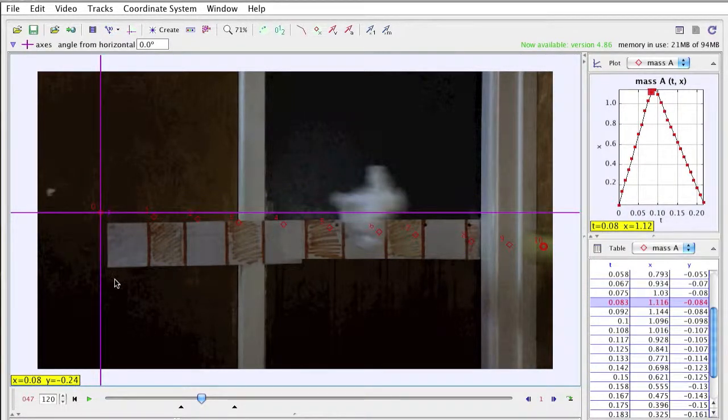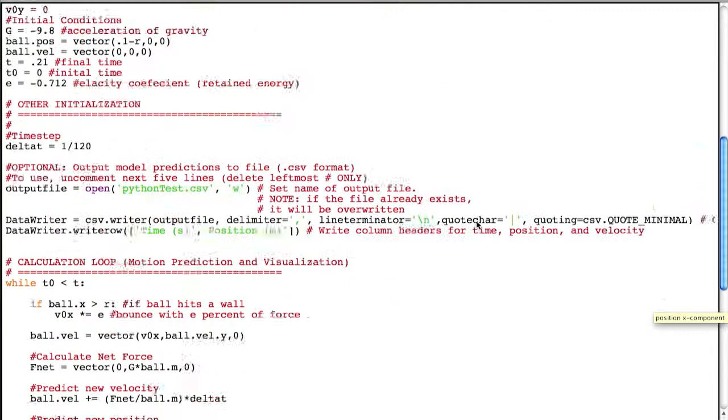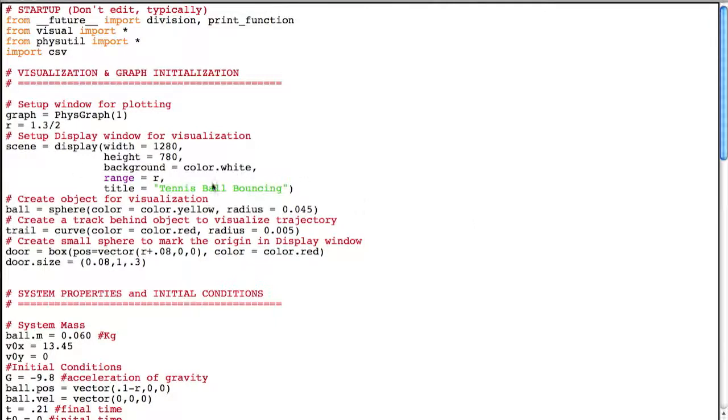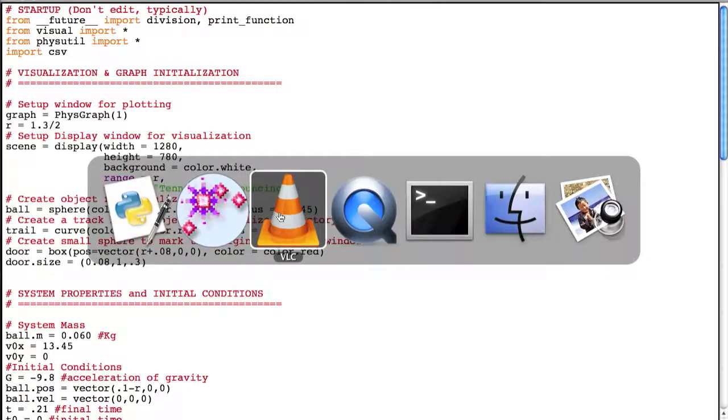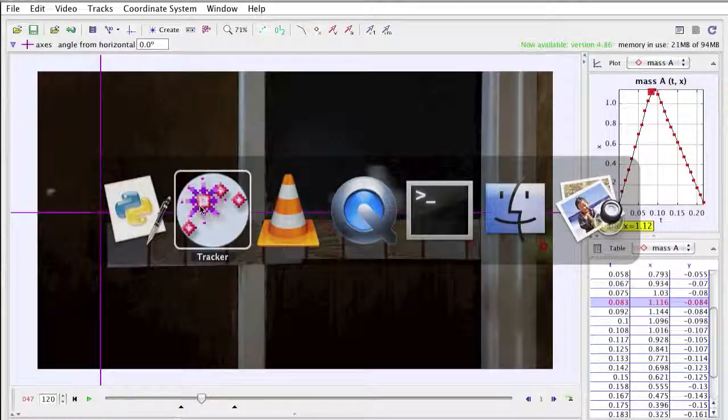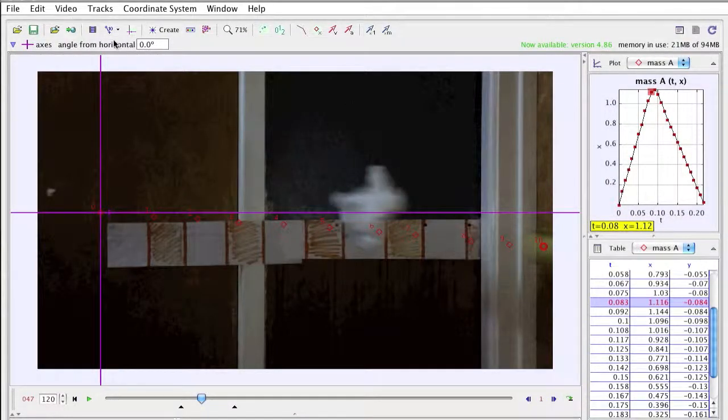Our axis is set to the initial position of the ball, and our velocity is gathered from the last point before the ball hits the door. In Python, we set the range to 1.3 divided by 2. We get 1.3 from tracker, where we see that the video is 1.3 meters across.